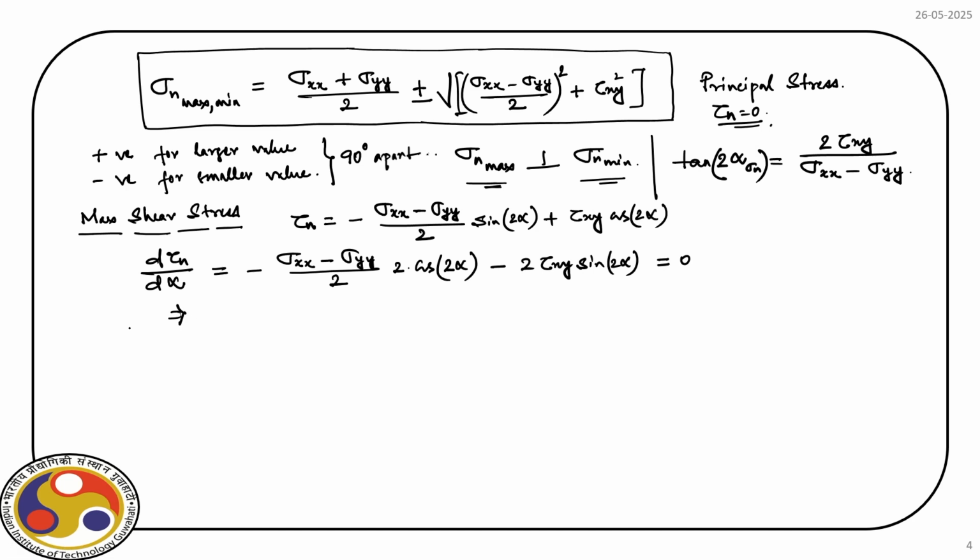So, what we get is tan of twice alpha, and we mark it tau n because we maximize shear stress, is equal to minus sigma xx minus sigma yy divided by 2 times tau xy. In this case again, we will have two values of alpha between 0 to 360 degree, which are again 90 degree apart.